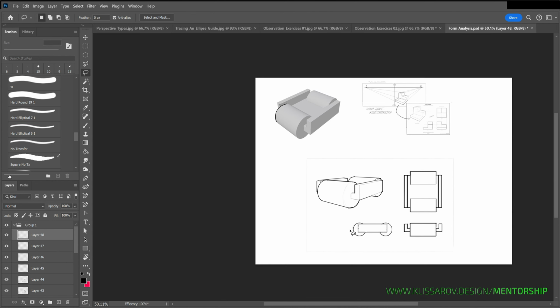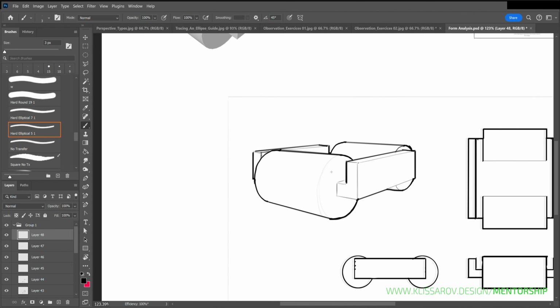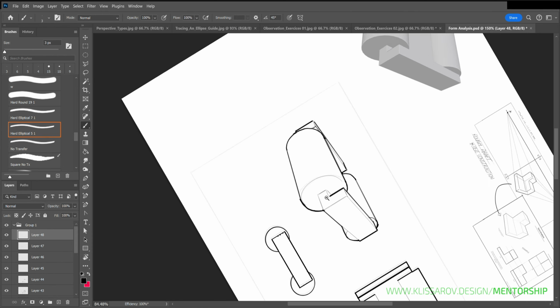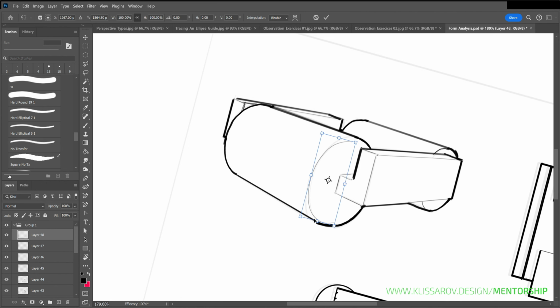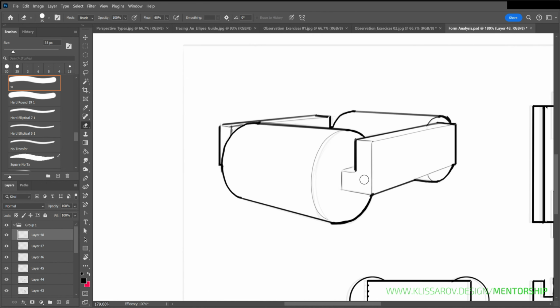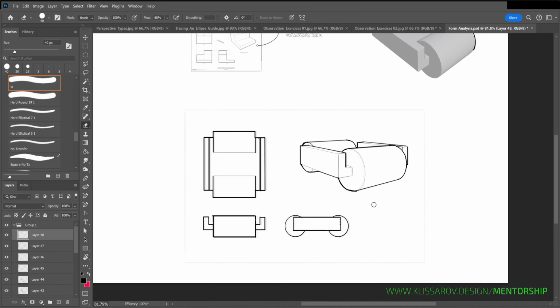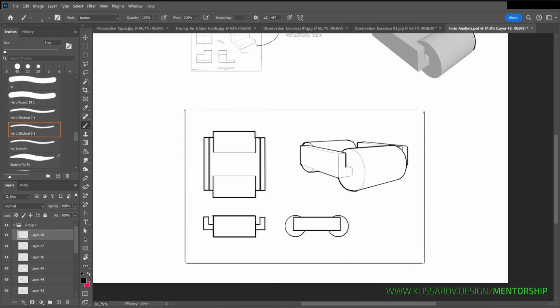Ideally, when you do the ellipses, it's good to start them early on. So let's see, more or less it's good, it fits. And then you have your final presentation board where everything is clean.